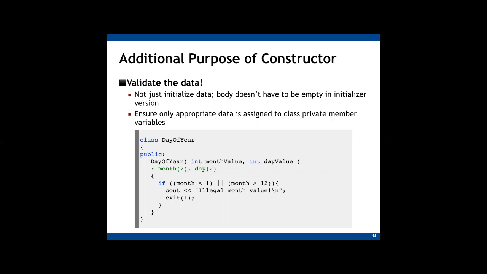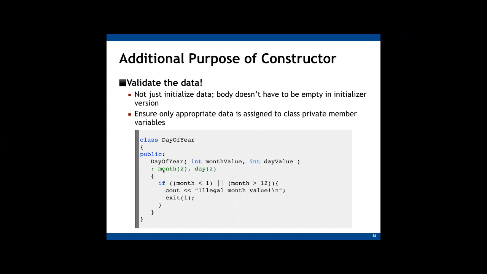And so I said that the main purpose of the constructor is to initialize objects of the class. This doesn't mean that the constructor should have only initialization statements. As you can see from this example code, we initialized the month and day member variables in the initialization section.